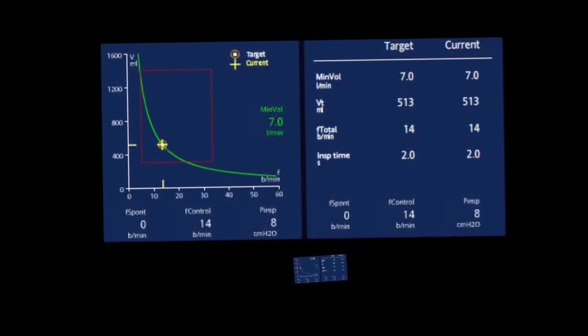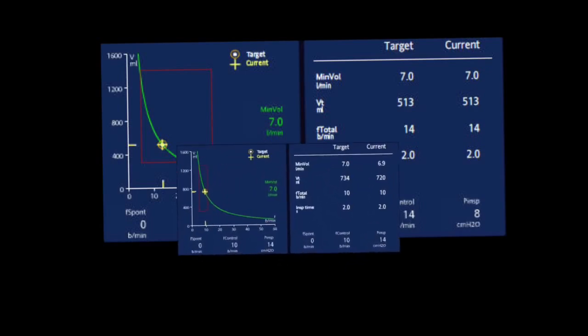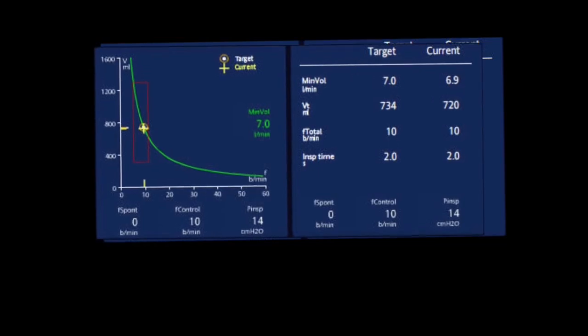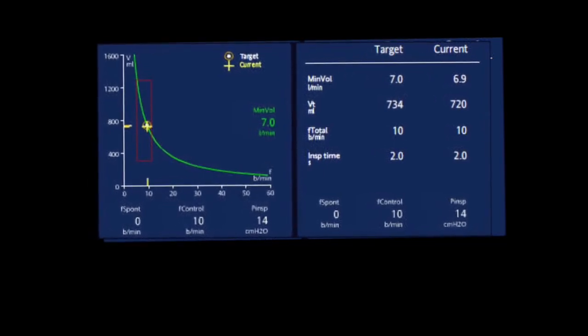Okay, let's enlarge the second. This is my second example, and this is a patient with obstructive airway disease. The operator set the same minute ventilation.